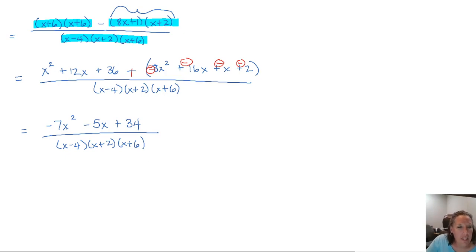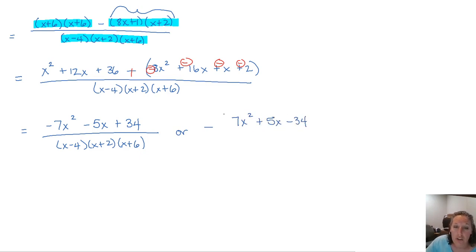And negative 7x squared minus 5x plus 34. There's not any common factors there. There's not any factors of 7 times 34 that add to a negative 5. Some people don't like negatives on the leading coefficient in the numerator, and so you might see a negative factored out of the numerator, just to write that as a 7x squared plus 5x minus 34.